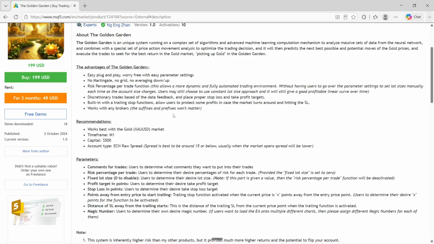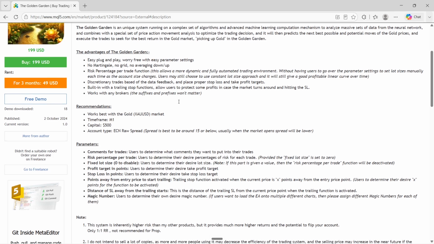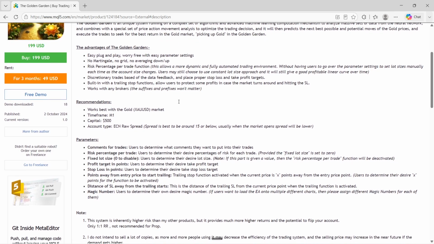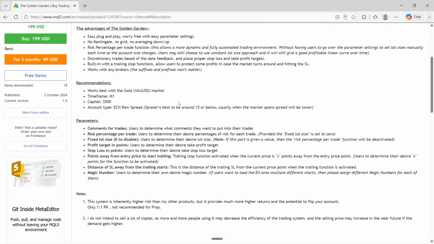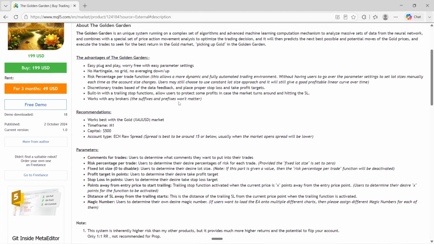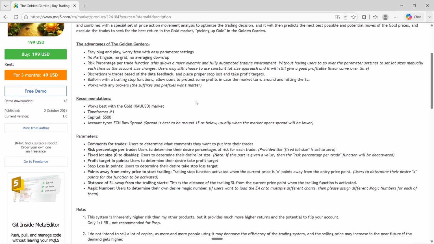Risks can be managed either by a fixed lot size or by a risk percentage per trade function. They automatically adjust lot size as the account balance changes. The recommended time frame is M1 with a minimum capital around $500 and a preference for ECN raw spread accounts with tight spreads on gold.